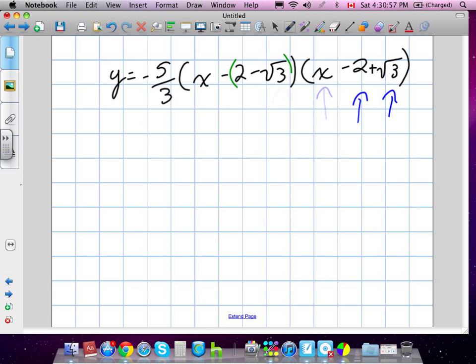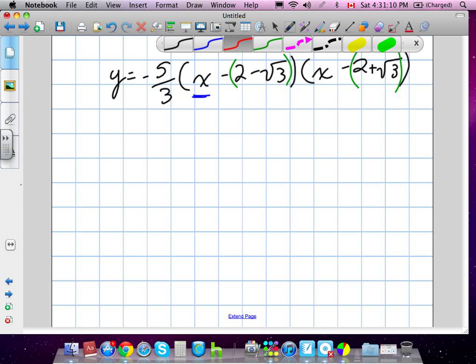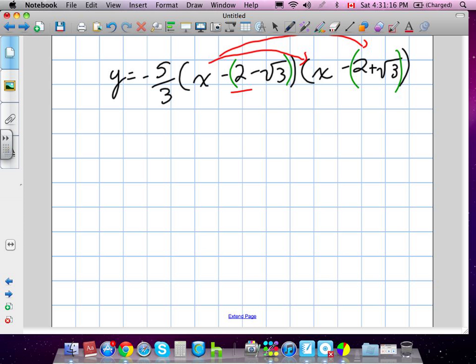Then we can FOIL, because then it's binomial products, or in other words, multiplying 2 terms by 2 terms. Where when we do this, x times x, and then x times what's in those brackets, and these brackets times x, and these brackets times what's in those brackets. Okay, we could do it that way.